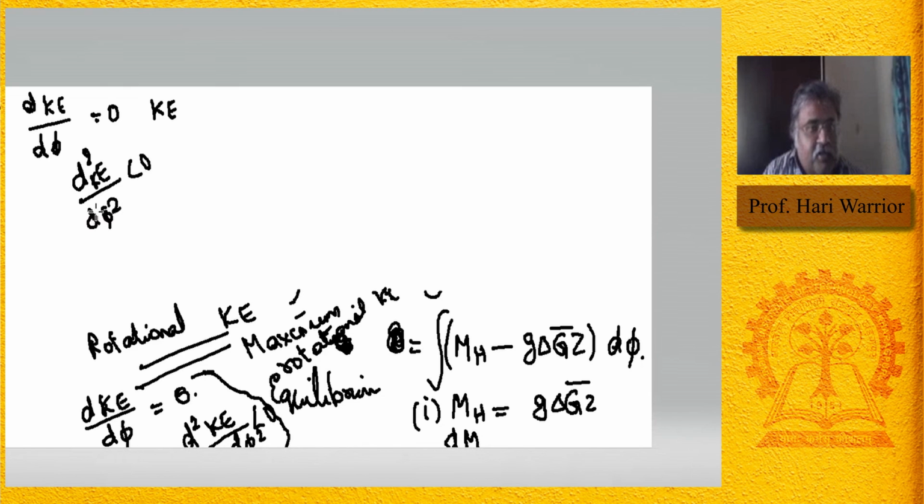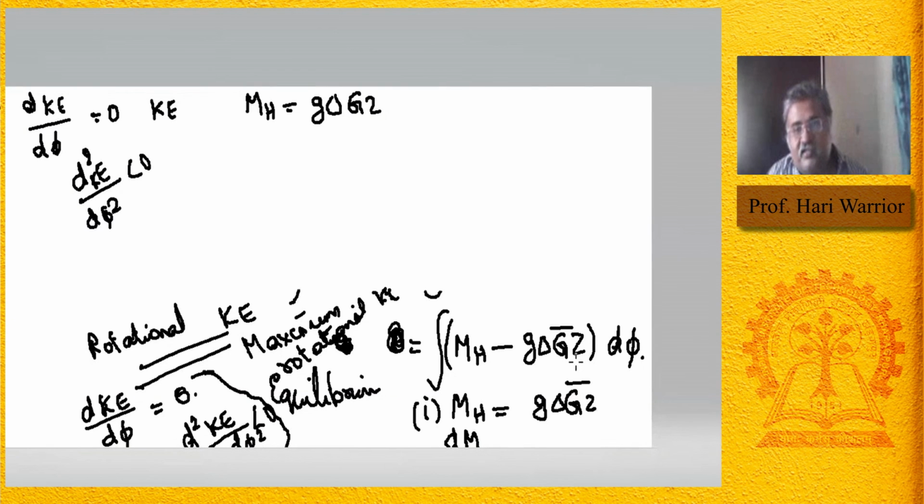Okay, so this is the condition for when the kinetic energy is maximum. Let me see, I am getting confused here. So dKE by d phi equal to 0 is the first condition. That says that MH should be equal to G delta GZ. We are just equating the right hand side to 0.